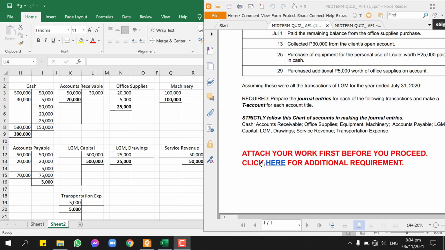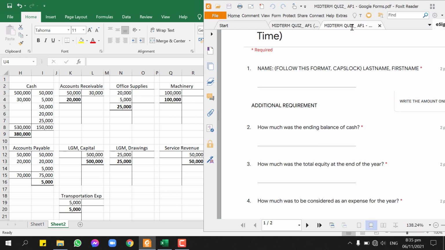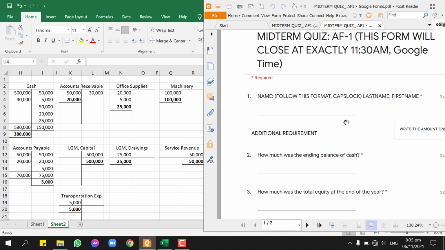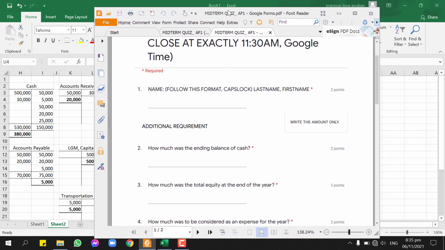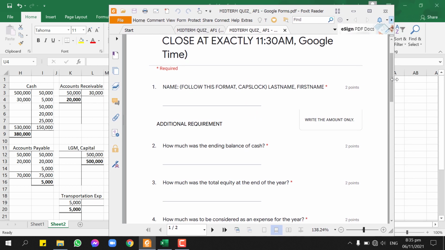Okay, so sabi dito sa instruction sa atin, attach your work first before you proceed, and then click here for additional requirements. So, pag click nyo to, i-redirect kayo sa Google Forms. So, ito yung final talaga na part ng ating quiz.